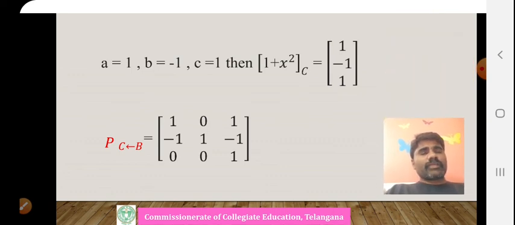This is very useful to find the coordinates of an element. If the coordinates with respect to one basis are known, then we can find the coordinates of the same vector with respect to another basis. That's why P from B to C is known as the coordinate change matrix from B to C. If the B coordinates are known, we can find the C coordinates of the vector.